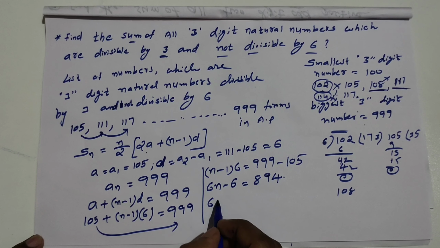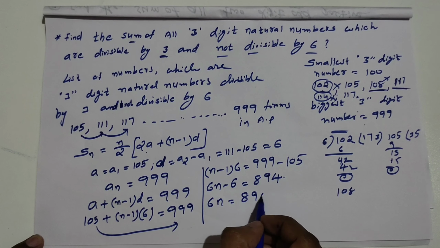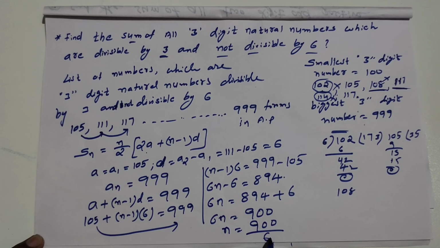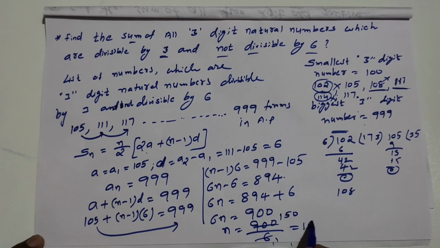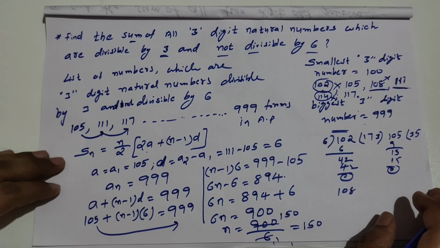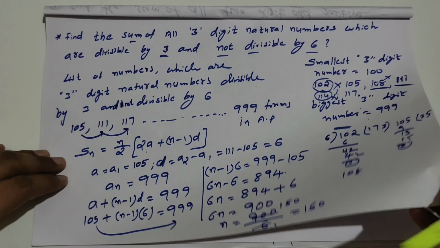Now 6n is equal to 894 plus 6, so 6n is equal to 900. Then n is equal to 900 by 6, which is 150. Totally we have 150 such numbers which are divisible by 3 but not divisible by 6.